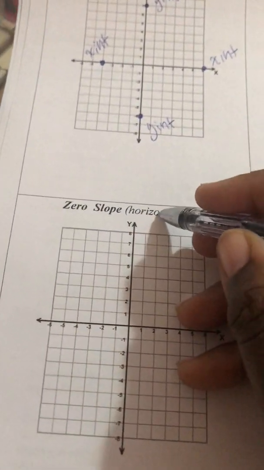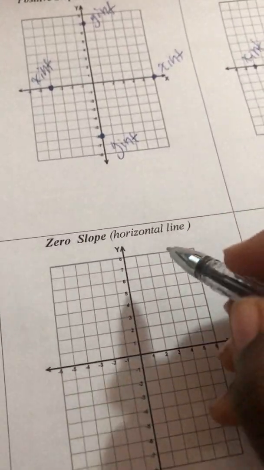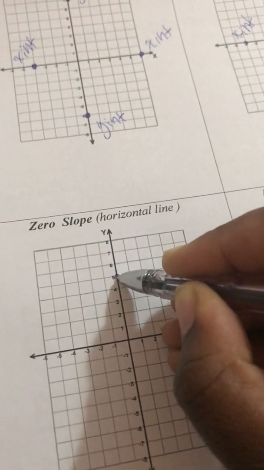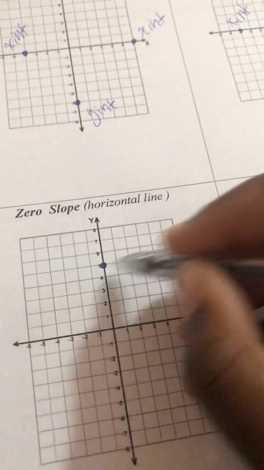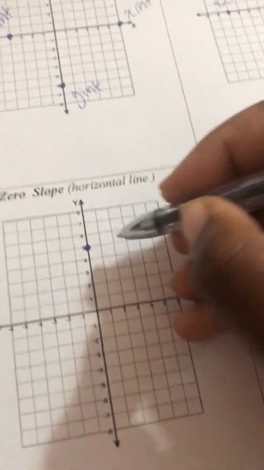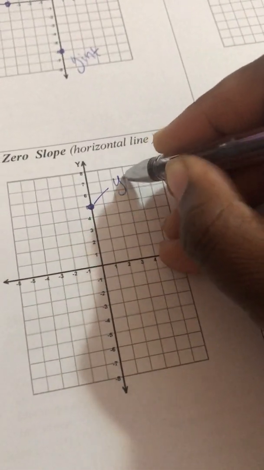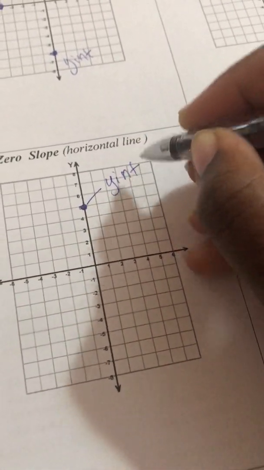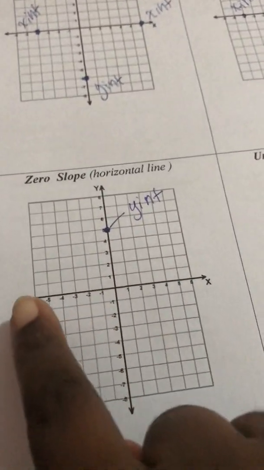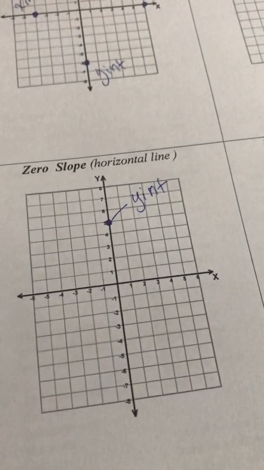Zero slope means you're drawing a horizontal line. So you can only have a y-intercept because your line is going like this. There is no x-intercept because this horizontal line will never touch the x-axis.